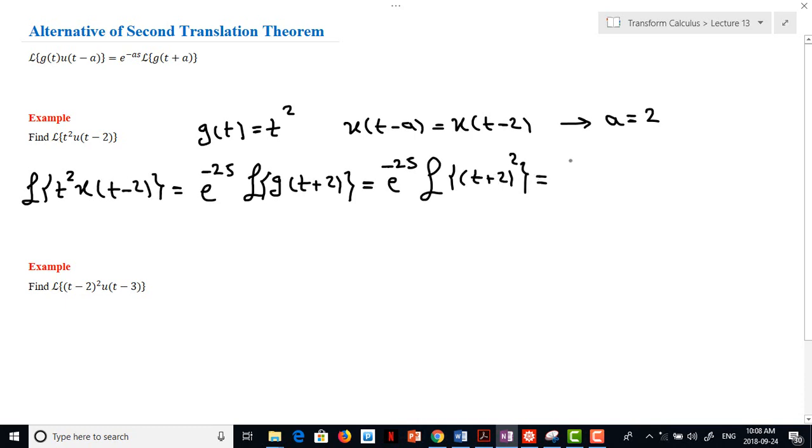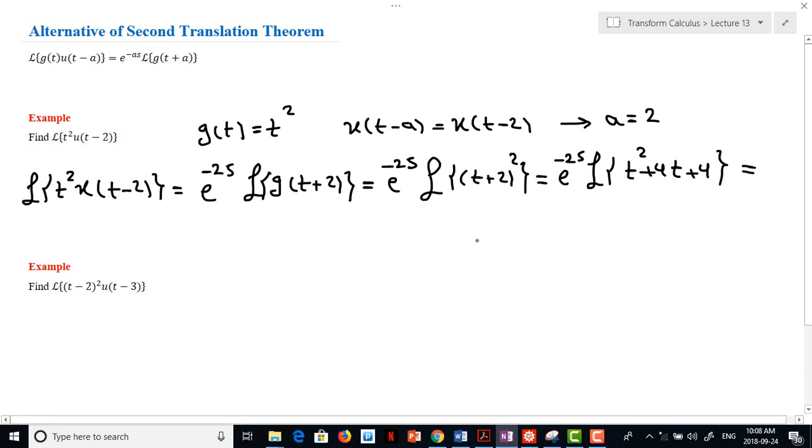So now I just expand (t plus 2) squared. So we have e to the power of minus 2s, Laplace transform of t squared plus 4t plus 4. Laplace transform of t squared is 2 over s cubed. So it's equal to e to the power of minus 2s times 2 factorial, which is 2 over s cubed, plus Laplace transform of 4t, which is 4 over s squared.